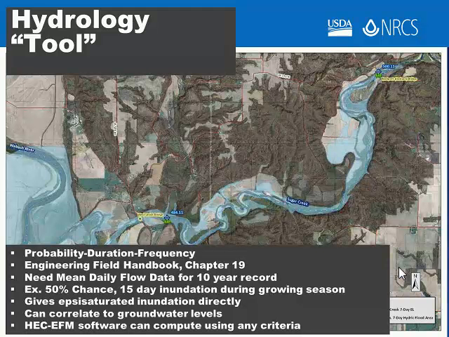What that tool allows you to do is calculate a probability, duration, frequency flow, and what we're looking for is, well, for instance, the definition of farmed wetland, we know is 15 days of inundation on the average year, which we interpret to be a 50% chance of 15-day continuous inundation during a growing season. This tool will give us inundation duration directly, so it's a direct solution for an episaturated floodplain.